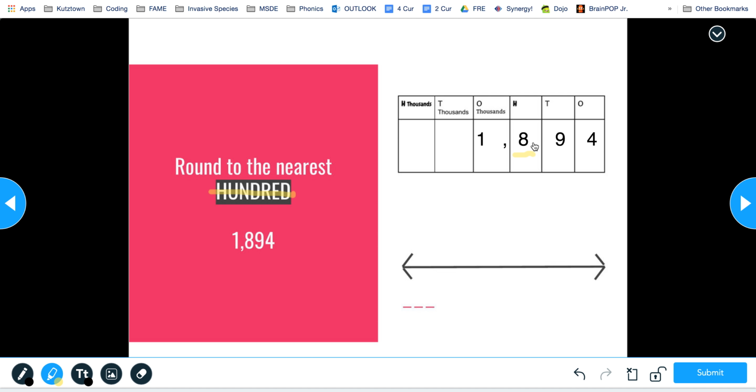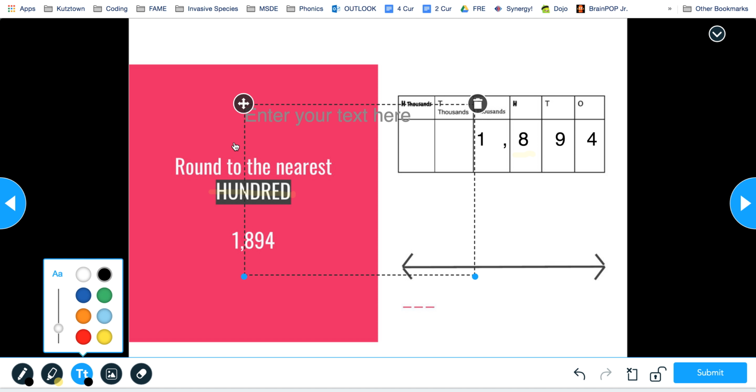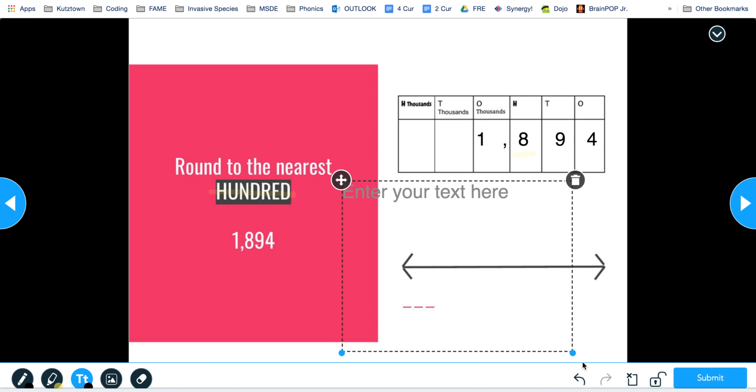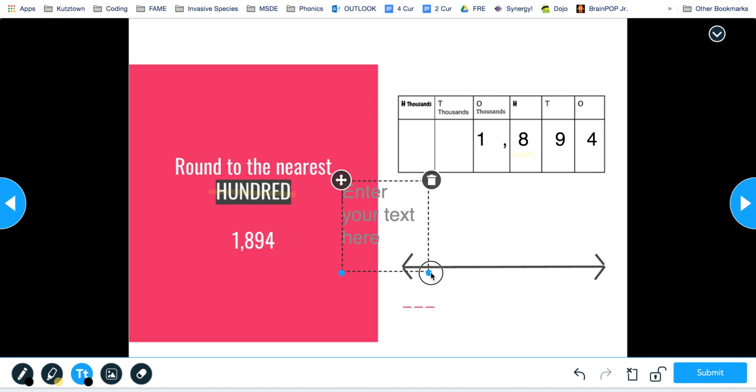Now for this one, it may be helpful to stack the numbers vertically. That may not make sense at the moment, so let me type it for you. Well, let's not, we already have the number.